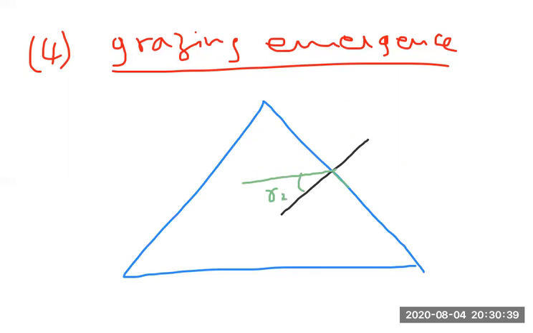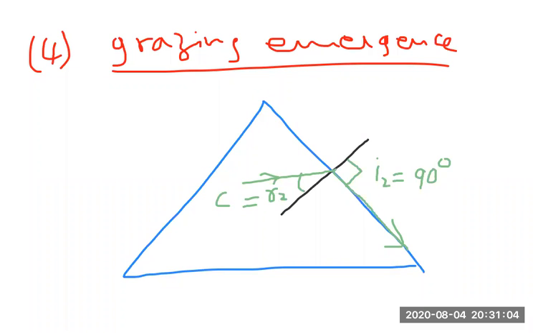When it is coming out here, it is grazing on the surface. So I2 value is 90, so R2 value will be equal to the critical angle. I2 is 90, R2 equals C. It is called grazing emergence.